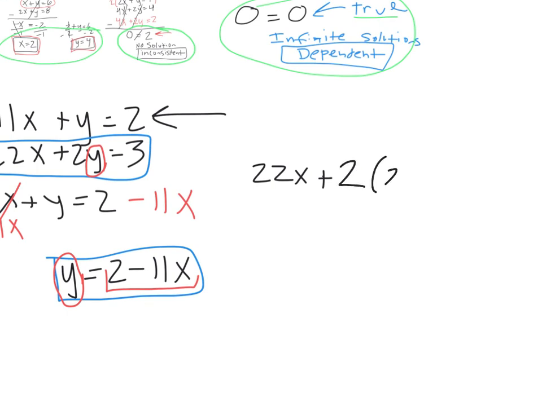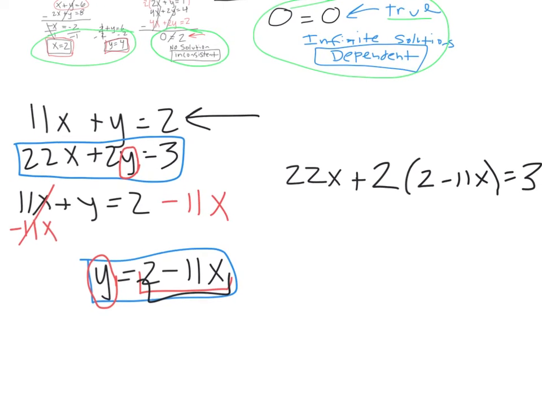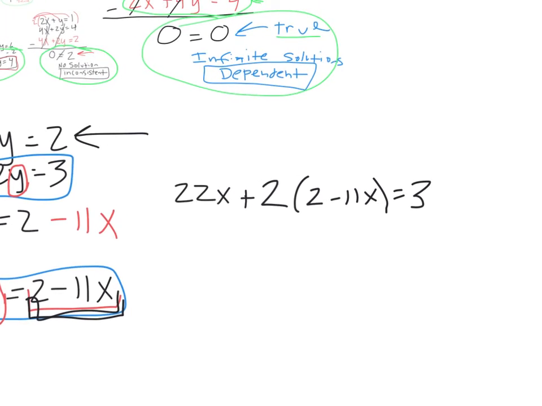I'm going to write 2 minus 11x, just like we have down here, and then that's equal to 3. So I hope everyone's with me, sees how I got that in there. I used that top equation and I plugged in 2 minus 11x for y. And now I have a one variable equation.